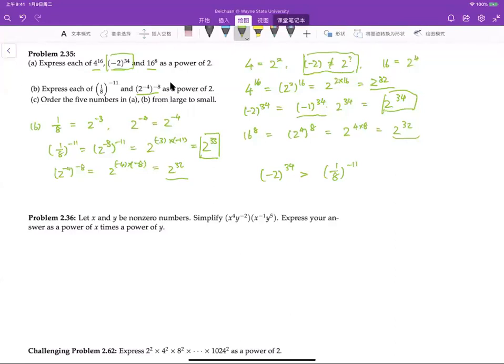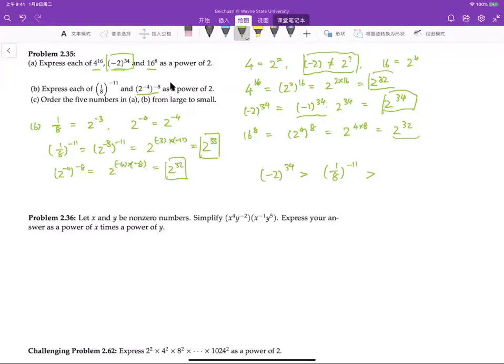Go ahead. It's 2 to the power of 32. Good. So the next one is 2 to the power 32.